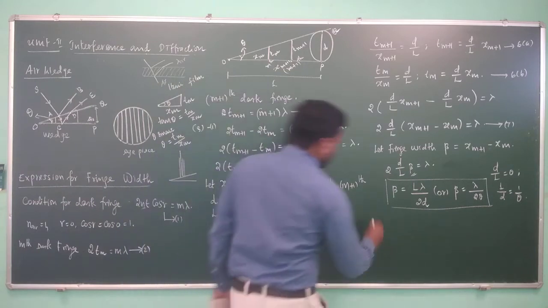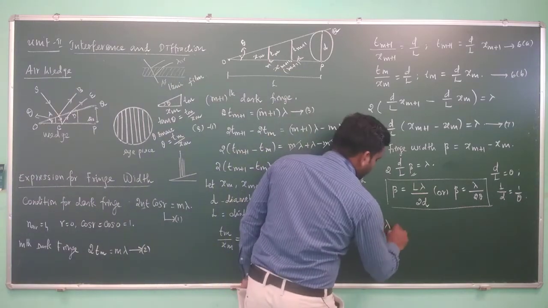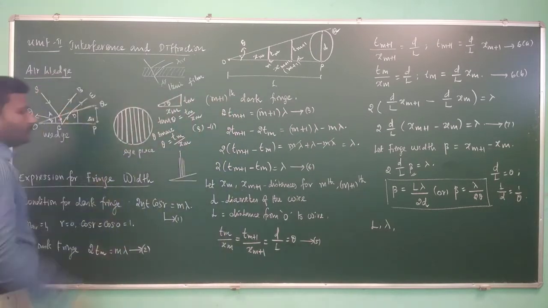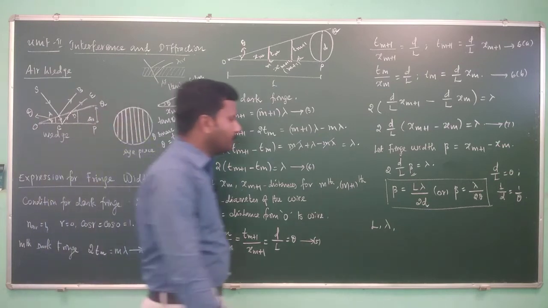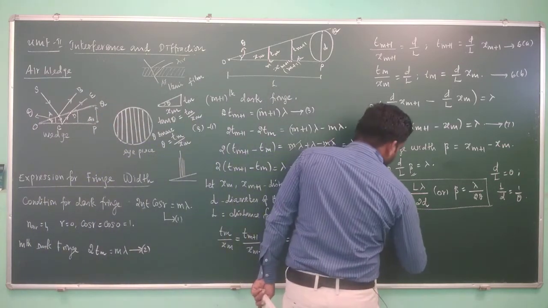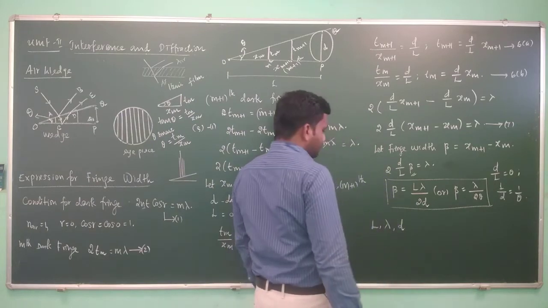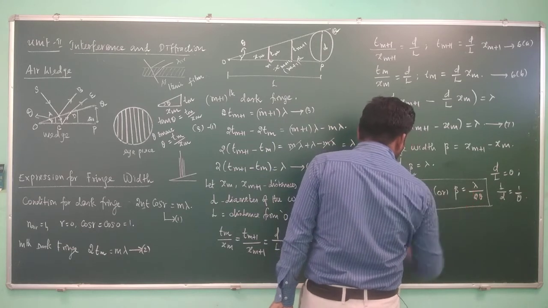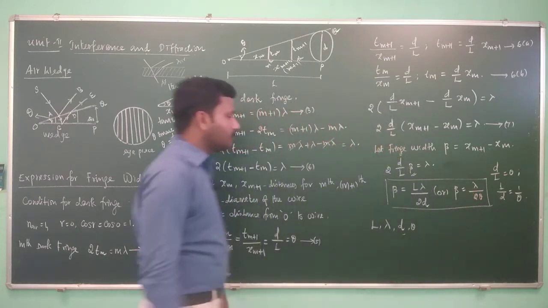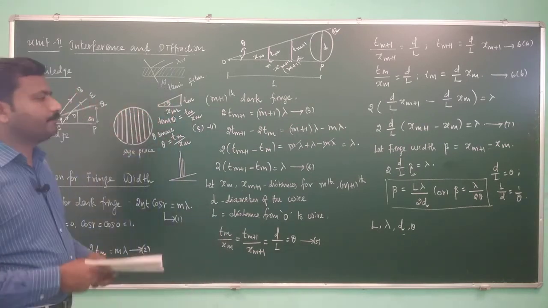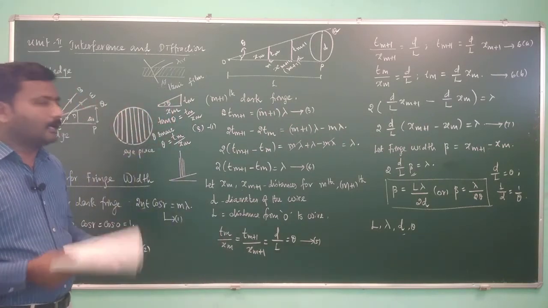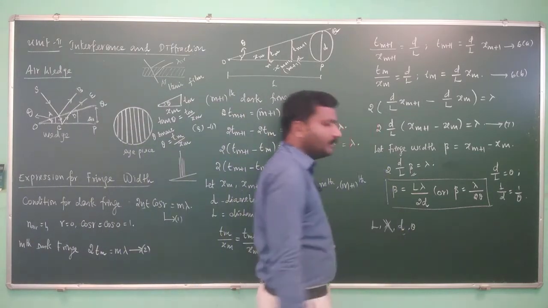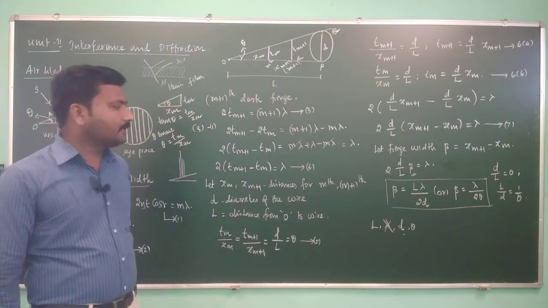Here L is constant, lambda is the wavelength of the incoming light ray. If it is a monochromatic source, then it has only one wavelength, lambda, and the diameter of the wire is constant, or if you are using the other equation, theta is constant. Substituting these values, we can calculate the fringe width. Or if you are given the fringe width, if the wavelength is not known, then we can calculate the wavelength using the other parameters.